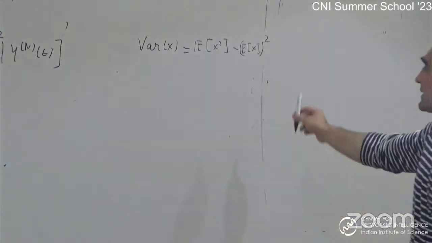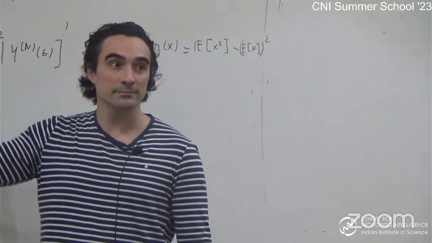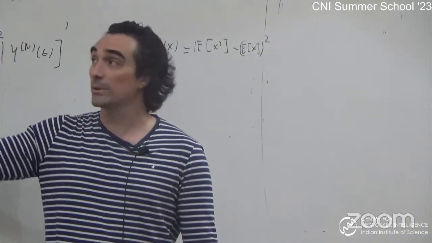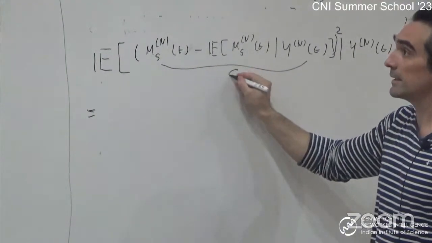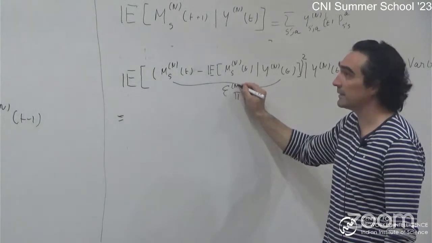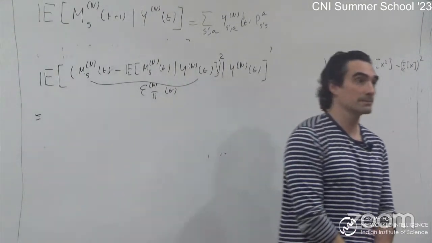So what is the expectation of this term, which is the error term? This is epsilon I of n. What is the expectation of that?